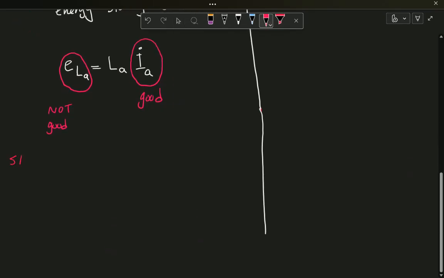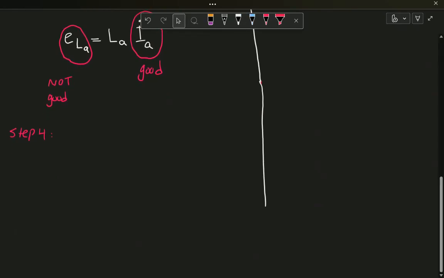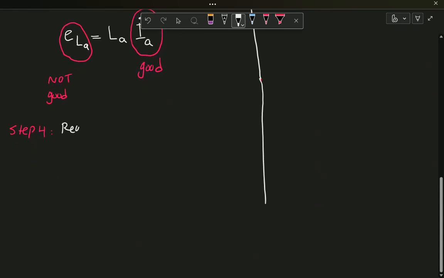Okay, so I would go to step 4, and my whole job in step 4 is rewriting the not good term in terms of my good terms using KVL, KCL, and Ohm's law. Yes, so rewrite the not good term using KVL, KCL, and Ohm's law.